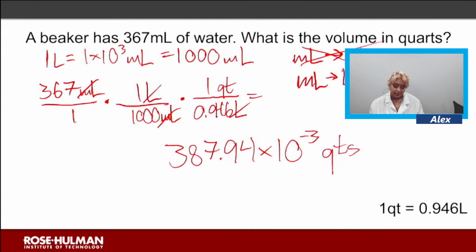So us getting an answer that is in scientific notation just means that it's a little bit too small of a number for us to want to write it out like that. This would also be equal to 0.387 quarts.